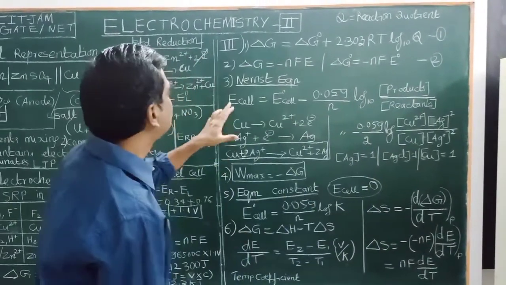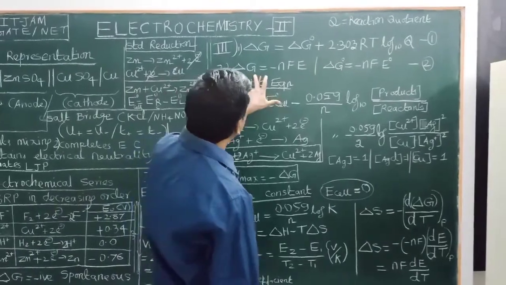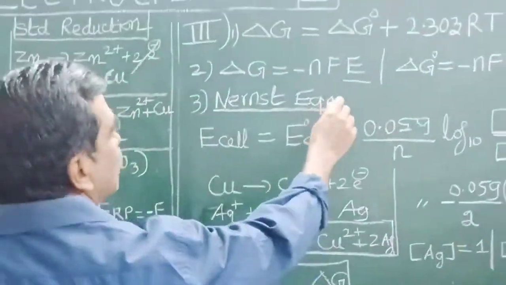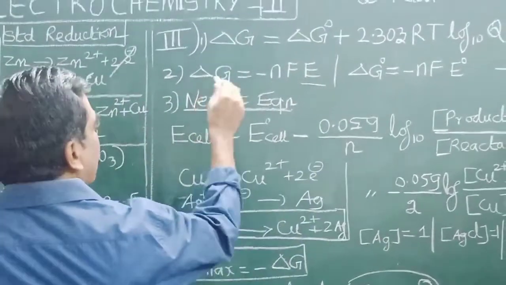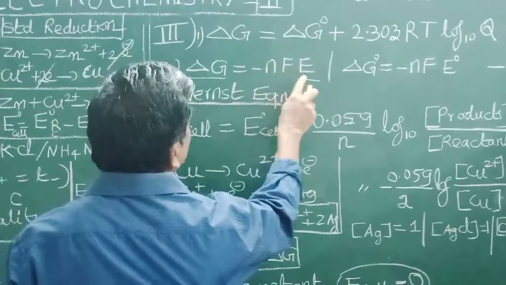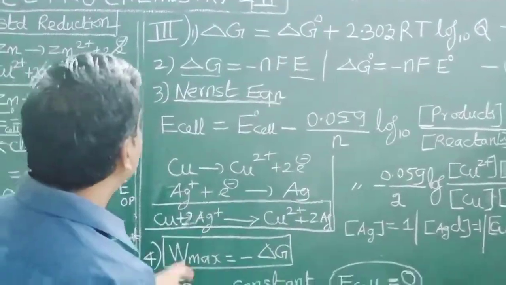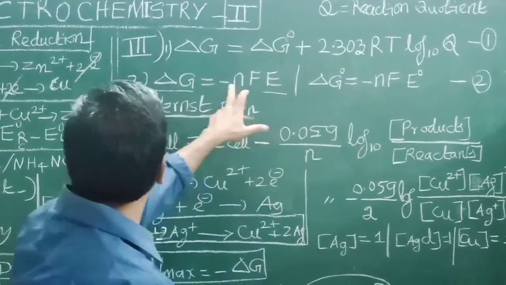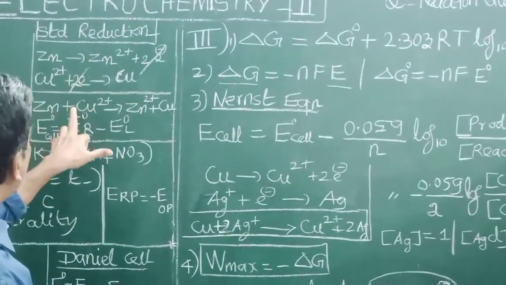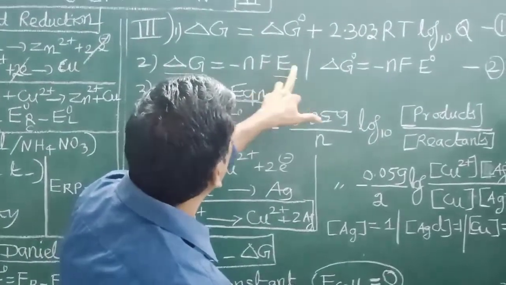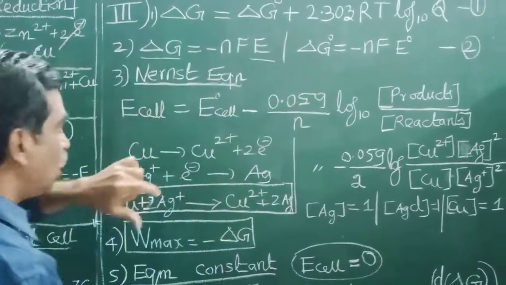What is the relation between change in free energy and the electrode potential, or EMF, the electromotive force? Under standard conditions, delta G naught equals minus n F E naught, where n is the number of electrons involved in the cell reaction, F is the Faraday, 96,500 coulomb, and E is the electrode potential in volt.